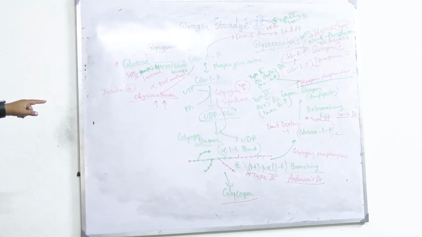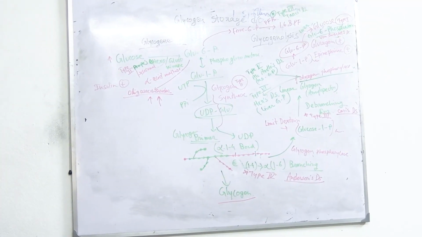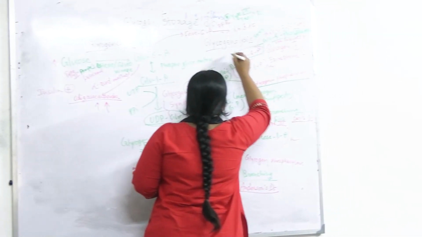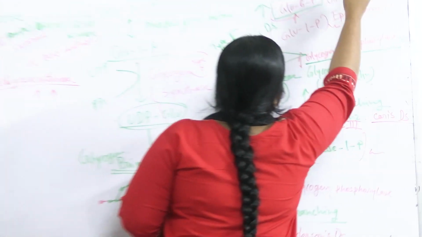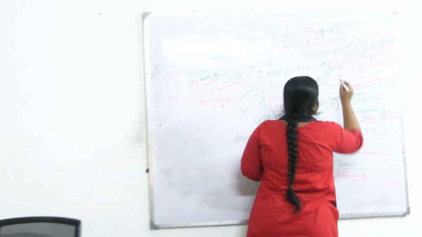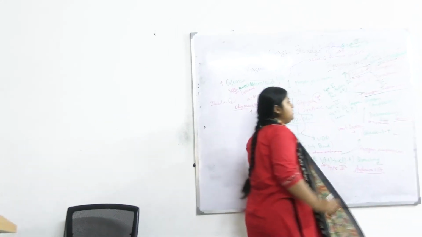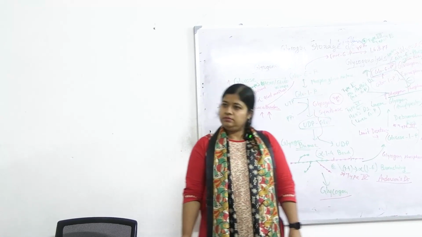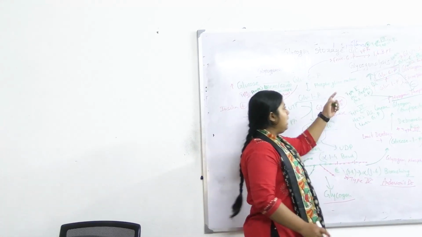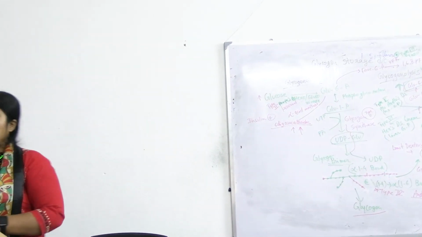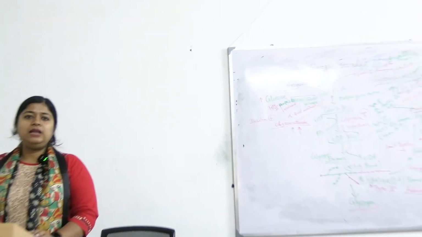Okay? Is it clear what I am saying? Here glucose 6-phosphate is getting accumulated in this case. So this will inhibit glycogen phosphorylase. And what are the other components, other than glucose 6-phosphate, that allosterically inhibit glycogen phosphorylase?